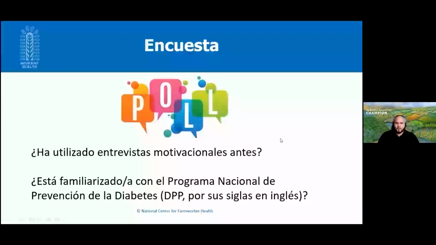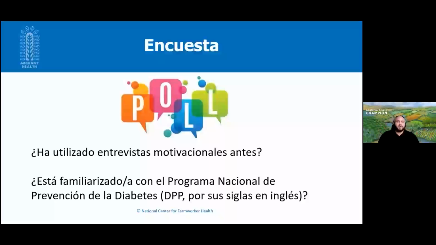So before we get started, we want to start with a poll. Two very easy questions. The first question is, have you ever used motivational interviewing before? The answers are yes, no, or I don't know. You'll see those when the poll launches. There we go. So question one, have you used motivational interviews before?